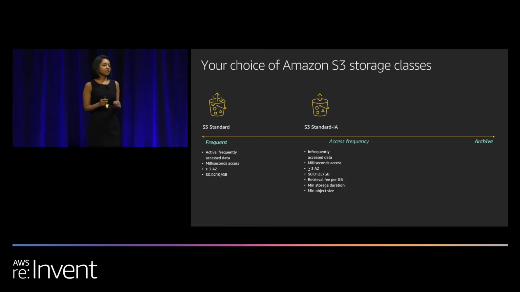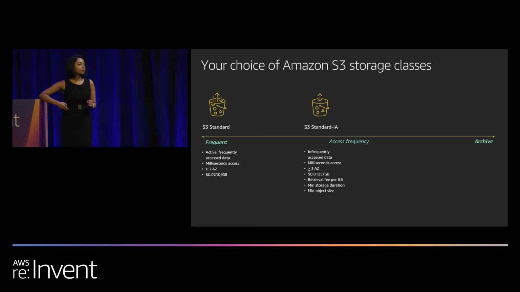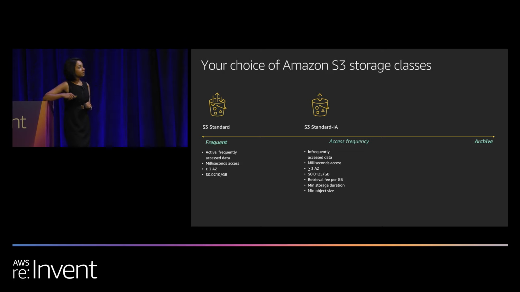Let's say you have data that is not accessed so frequently. You might store it for more than 30 days. You can use S3 infrequent access, which offers you a 40% lower price point than S3 Standard, but you pay a small retrieval fee when you actually access these objects. So it's really meant for data that is not accessed as frequently.